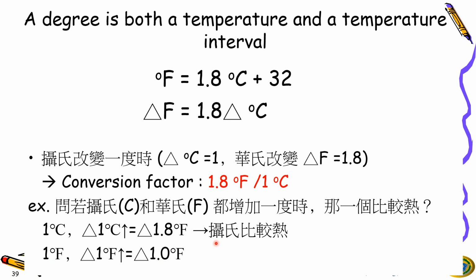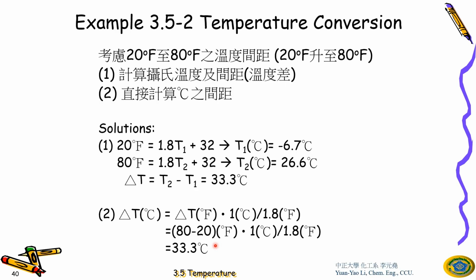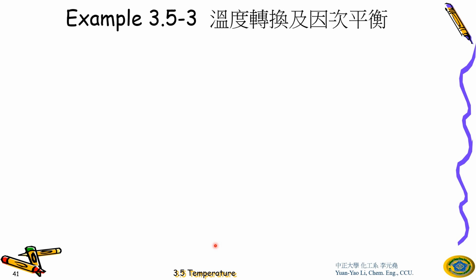There's a joke: if you feel too hot in Taiwan, you go to the United States, it's cooler, because they use Fahrenheit. Oh, sorry, I made a mistake. If you go to the United States, you go to a Celsius, which is colder.